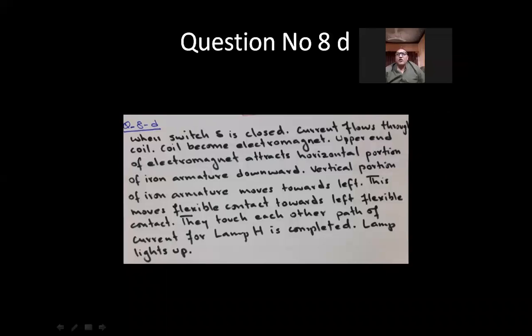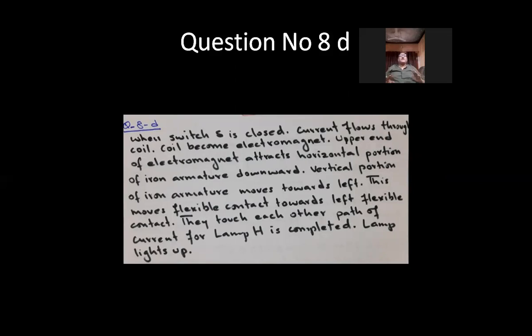So here we go. When switch S is closed, current flows through the coil. The coil becomes an electromagnet. The upper end of the electromagnet attracts the horizontal portion of the iron armature downward. The vertical portion of the iron armature moves towards the left.